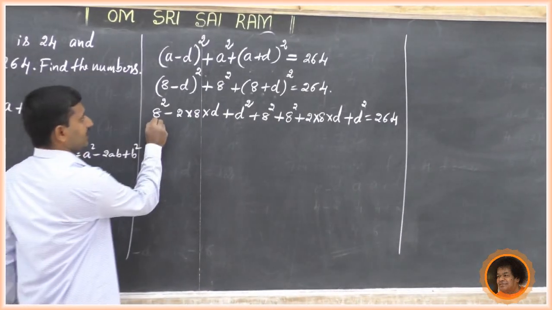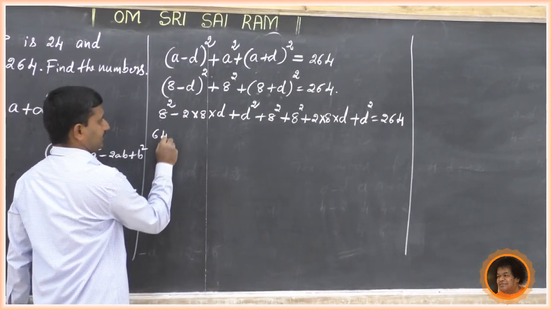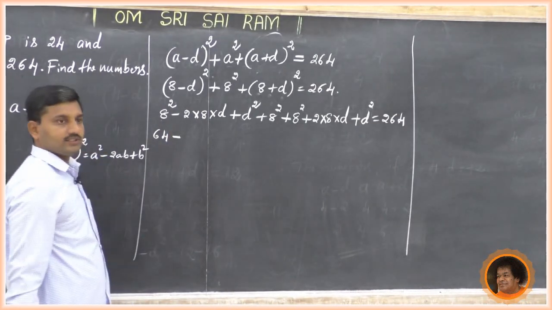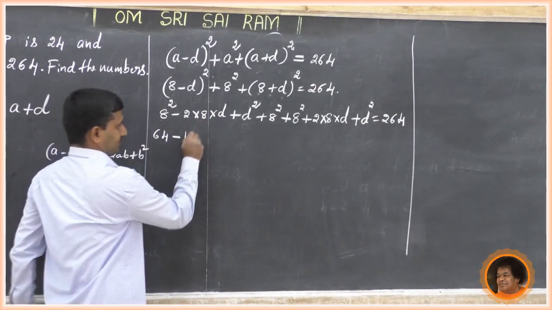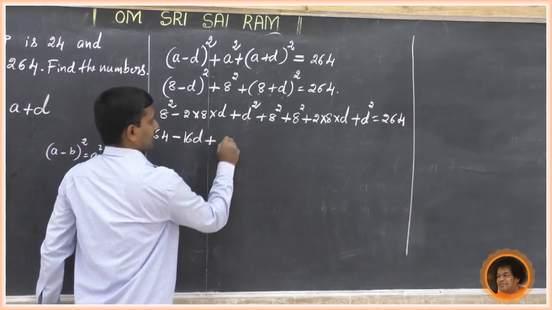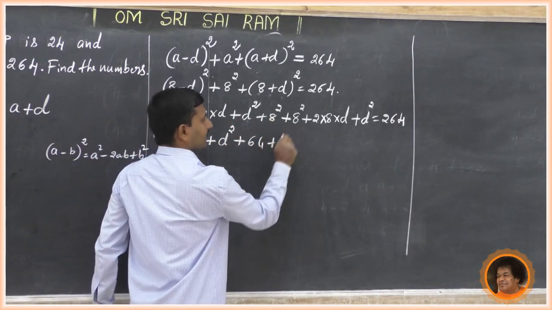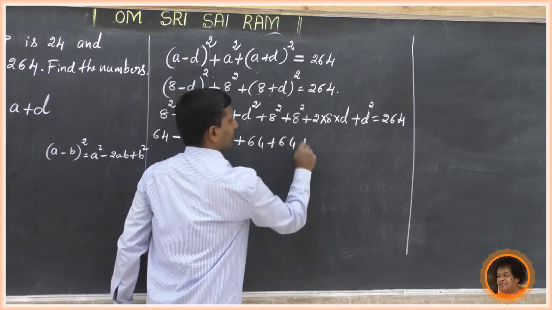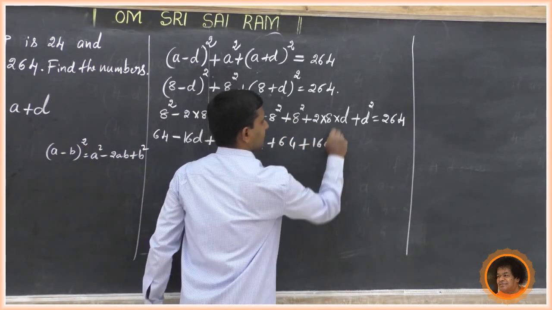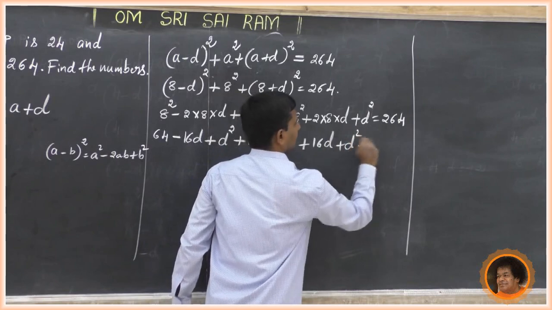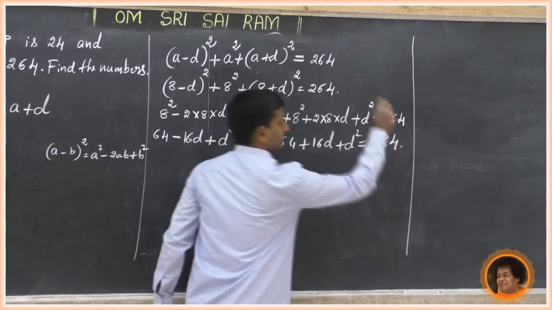Now simplify: 8 square is 64, minus 2 into 8 into d, 16d, plus d square, plus 8 square 64, plus 16d plus d square, equal to 264.